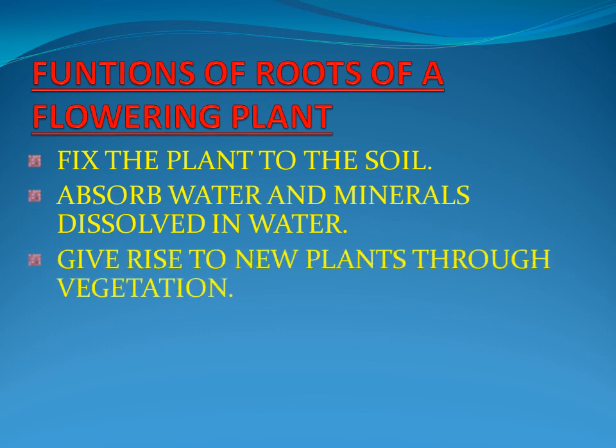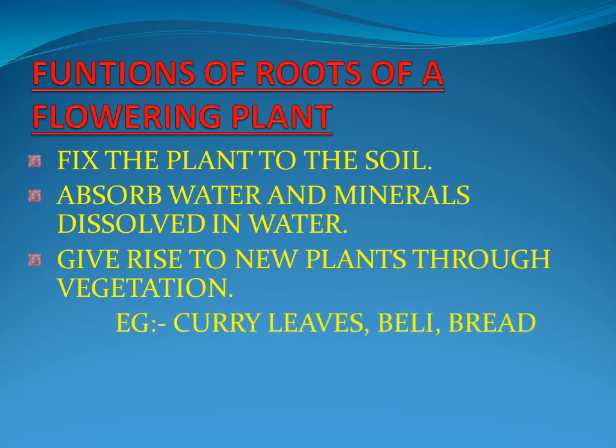So the next one is giving rise to new plants through vegetative propagation. You know, like curry leaves and berry and bread. If you go near a curry leaf plant, you can see lots of small curry leaf plants growing away from the big curry leaf plant.